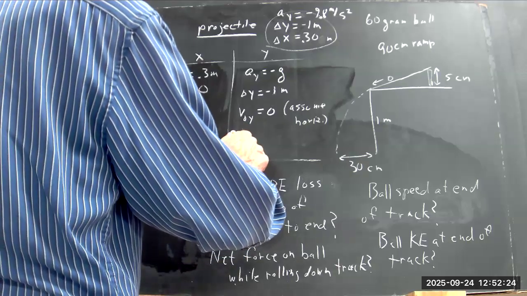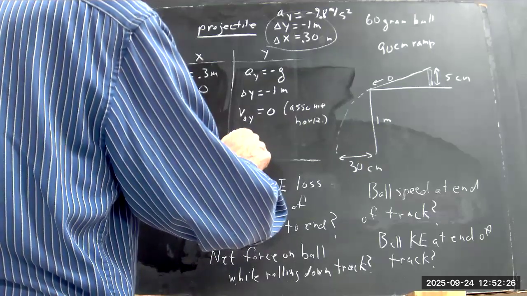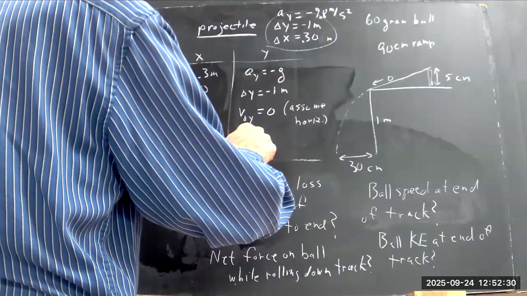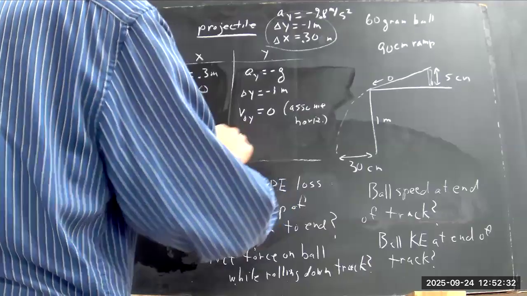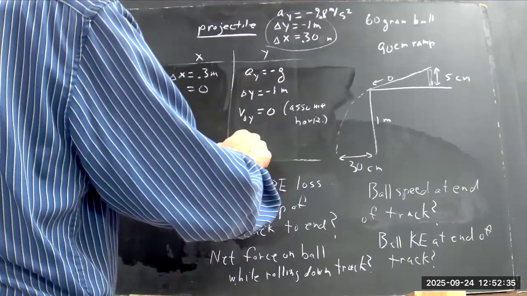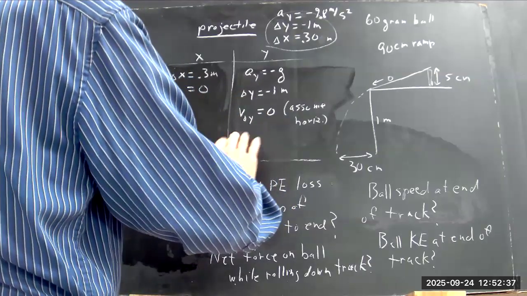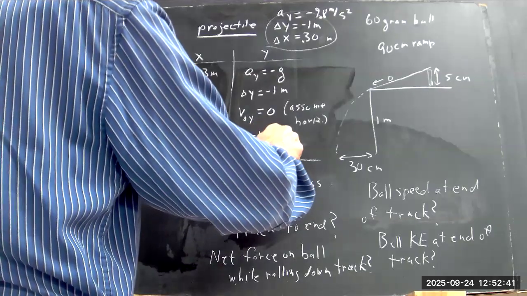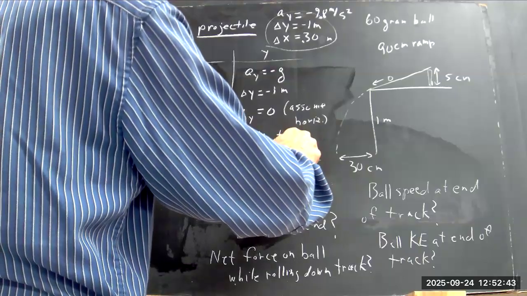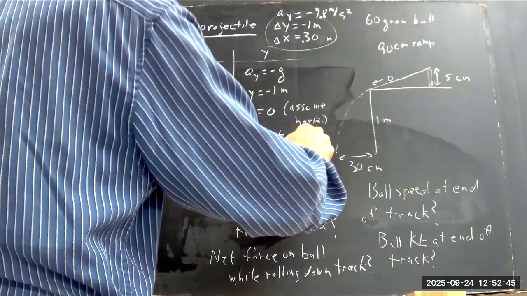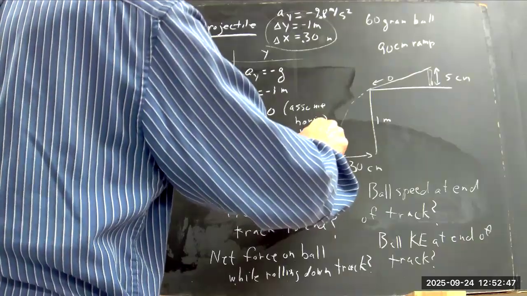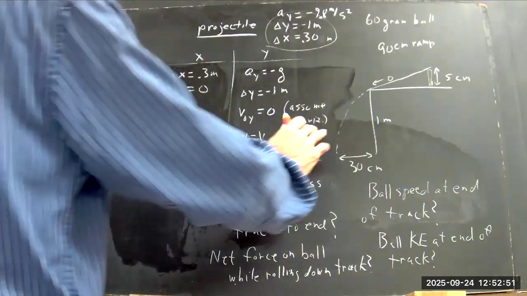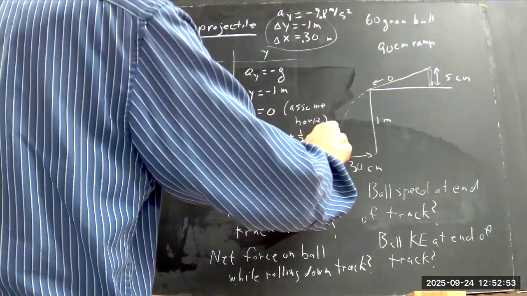Okay, so there are 2 equations we can use. We could use this one. That's a square.